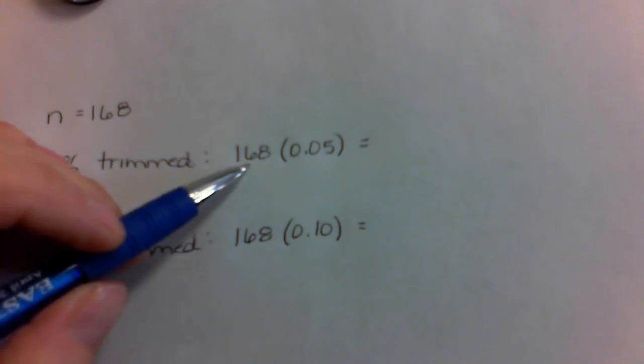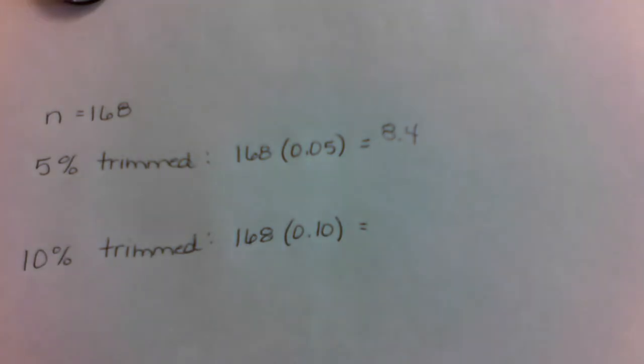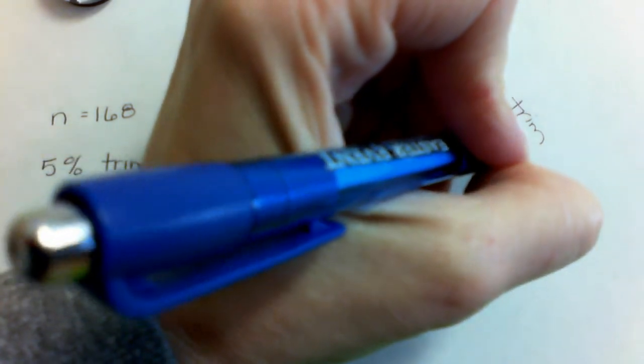So I take 168 times 0.05, and when you do that on your calculator, you get 8.4. So at this point, what you're going to do is use your normal rounding rules. So that would round to 8. And that tells me to trim the 8 largest and the 8 smallest values. So you would trim a total of 16 values.